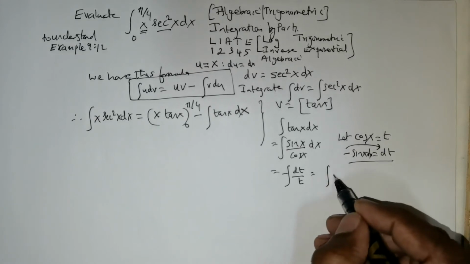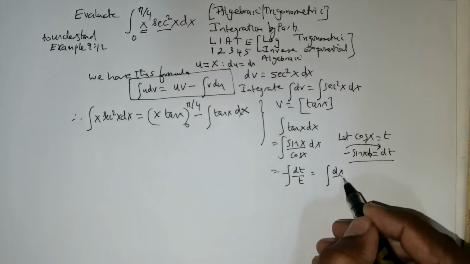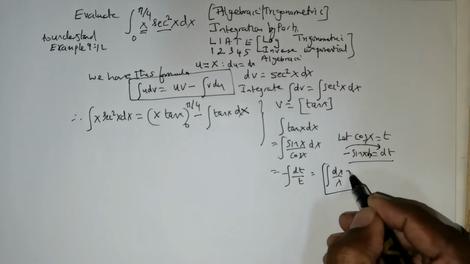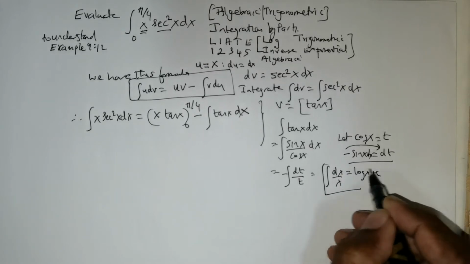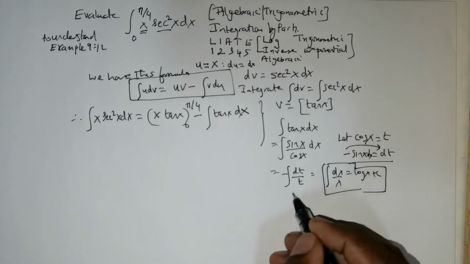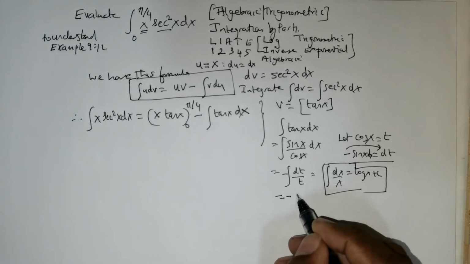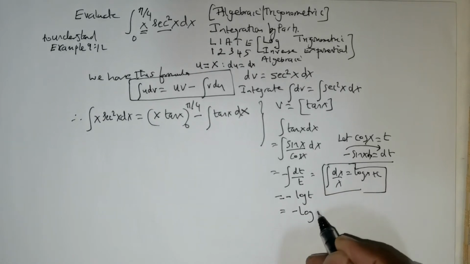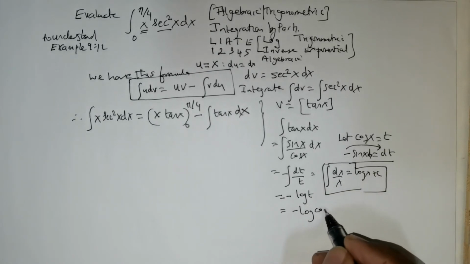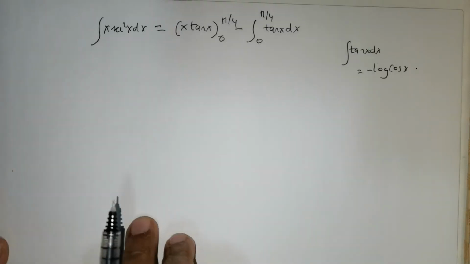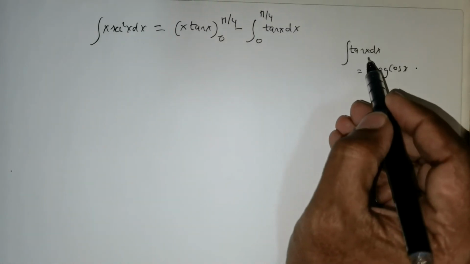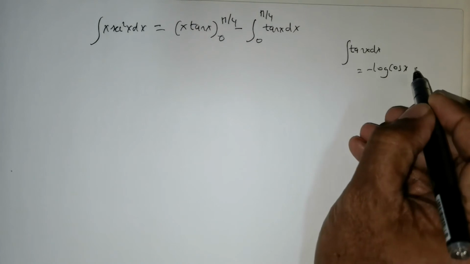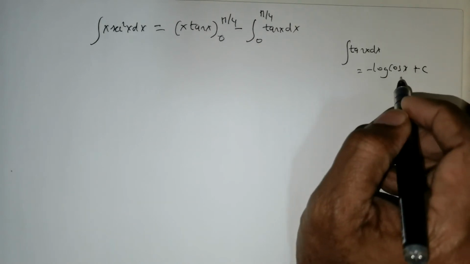The integral of dt over t, we know, because the integration of dx over x is equal to log x plus a constant c. So this is going to be negative log of t, but t is cos x. So the integral of tan x dx is negative log cos x plus constant c.